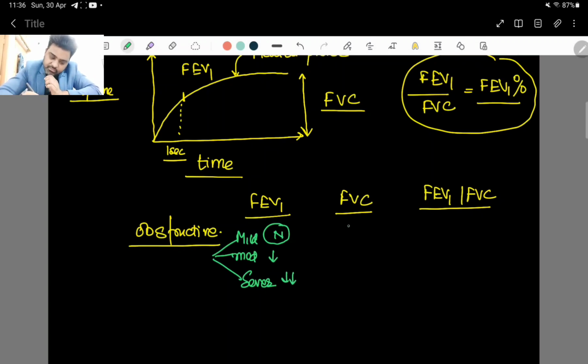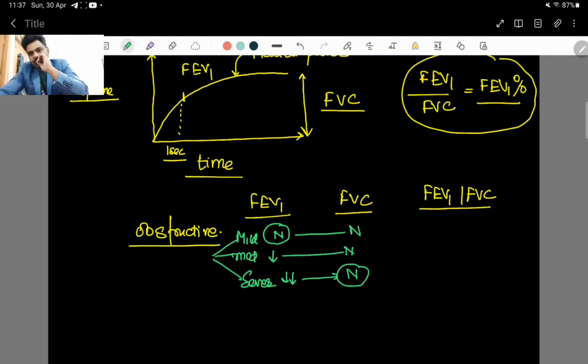Whereas if we talk of FVC, as I have told, FVC is not as sensitive as FEV1 in obstructive lung disease. Secondly, it decreases less as compared to FEV1. Third, it decreases after some time. So in mild it will be normal. It will also be normal in moderate, and it will decrease in the severe cases of obstructive lung disease.